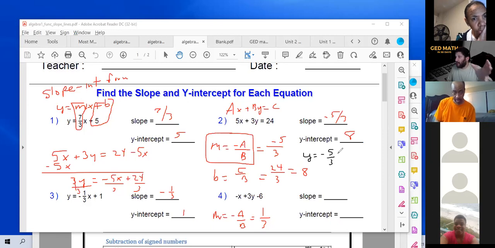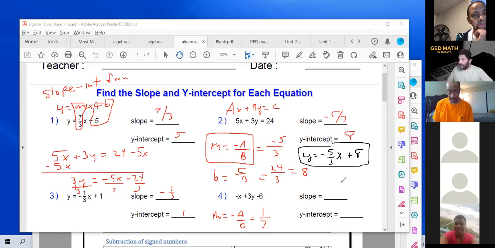You said negative 5/3, right. You can't forget that x plus 8. That easy. Here, my slope is 1/3. This is supposed to be an equal sign right here. My y-intercept is negative 6 over 3, which is negative 2.